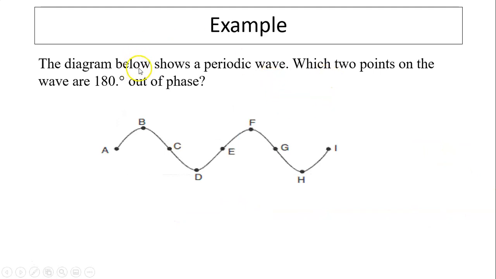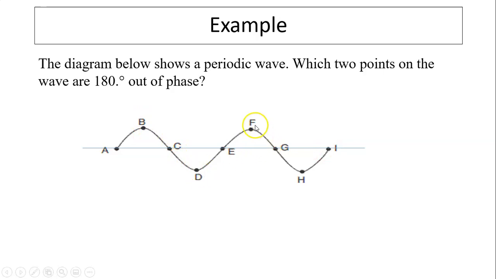Another example. This diagram shows a periodic wave. Which 2 points on the wave are again 180 degrees out of phase? Out of phase means they are half a wavelength apart. We know A and C are half. C and E are half. E and G are half. G and I are also half a wave. Besides those, B and D are half.